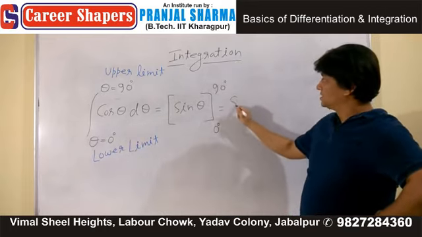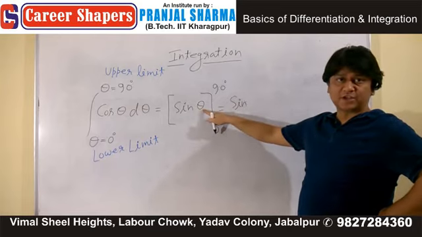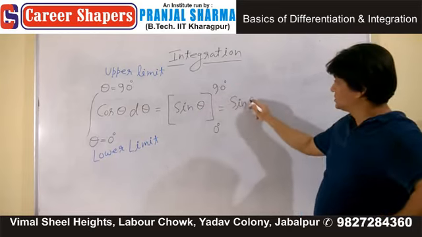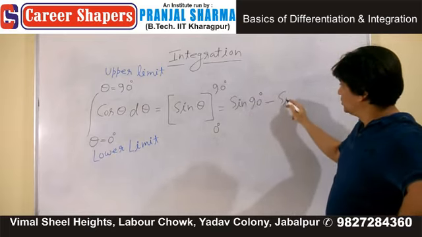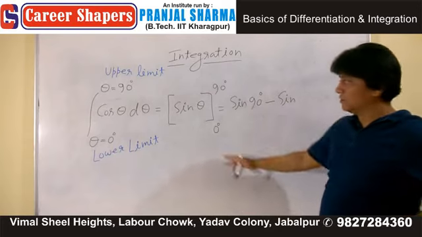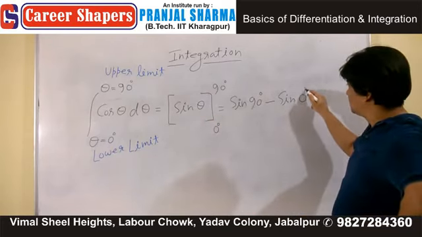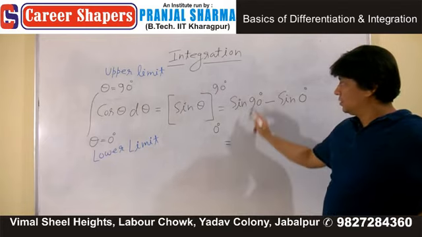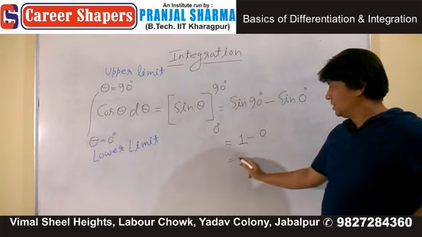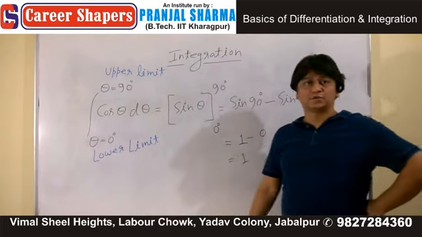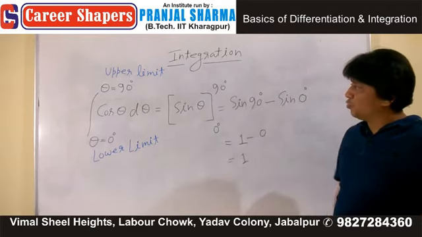Then sine theta: replace it with the upper limit, sine of 90, minus sine of the lower limit. What is sine 90? 1. What is sine 0? 0. And your answer is 1.